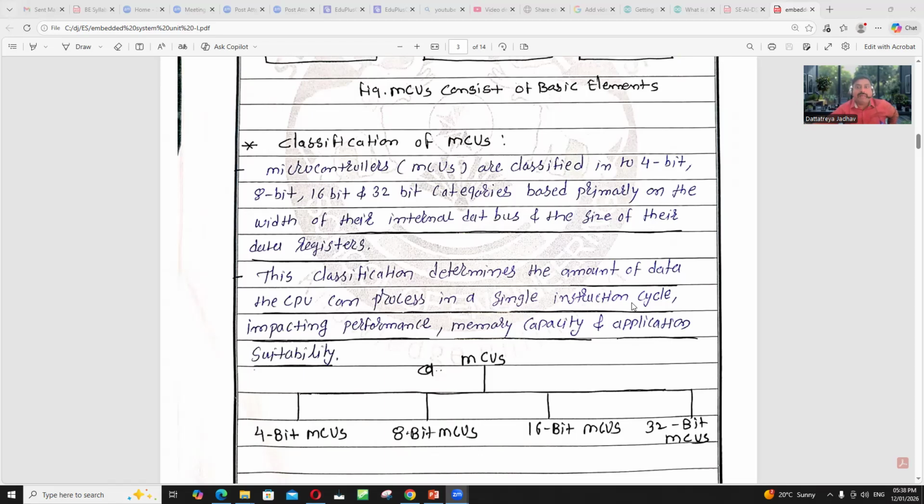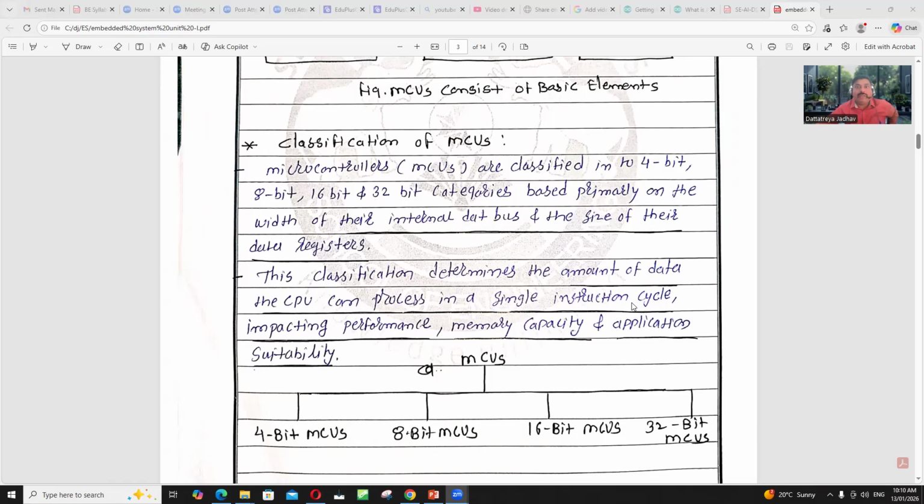And the third parameter is the amount of data the central processing unit can process in a single instruction cycle. The number of instructions and the amount of data executed at the same time matter, memory size matters, and peripheral size matters.